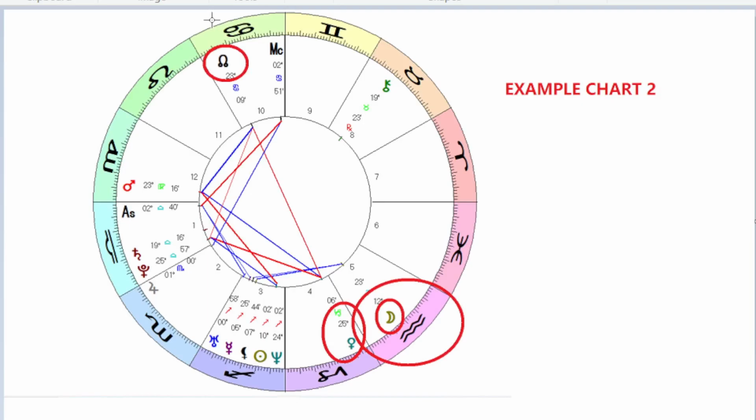The mother is symbolized by the sign Cancer, and then also the fact that the ruler of the North Node is in the 5th house of children. So it may be this person's destiny to become a mother and also to work towards freedom.